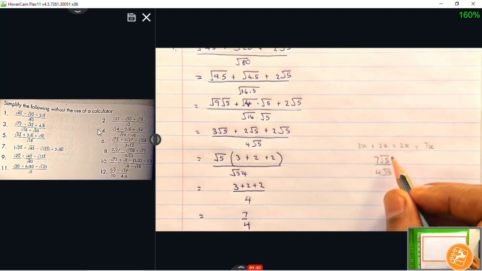It means all in all, I have 7 root 5s. Then at the bottom, I will have 4 root 5s. Simple, easy does it. Those two simplify. I'll be left with only 7 over 4.